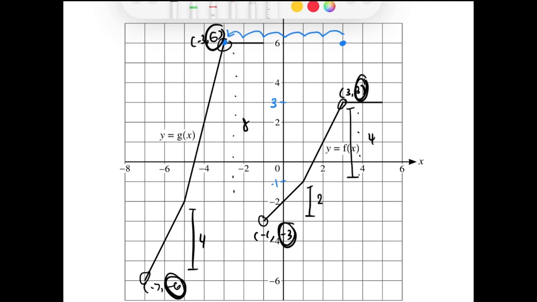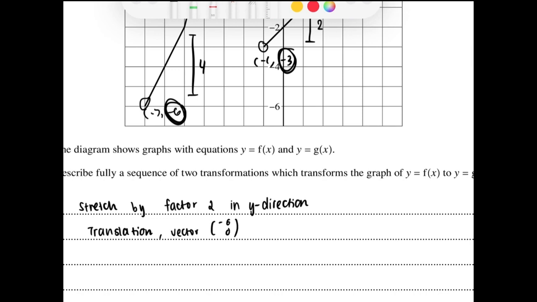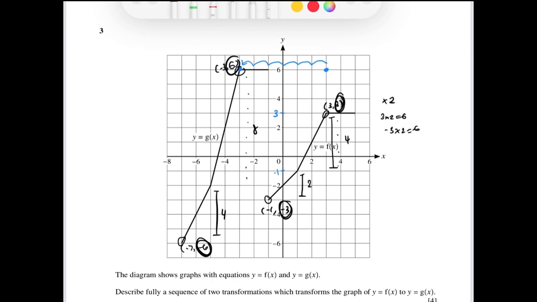So you can see there's a stretch factor of ×2, because 3 times 2 is 6, and -3 times 2 is -6. So your stretch factor is 2 in the y direction. So next, if you stretched it and there is no translation, it would just remain in the same spot.